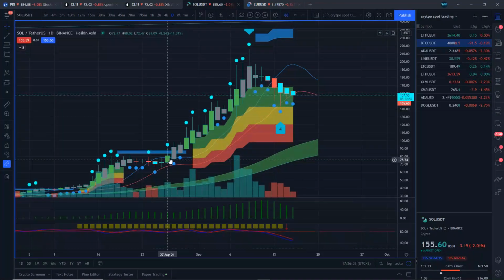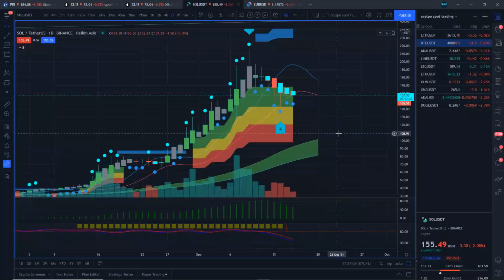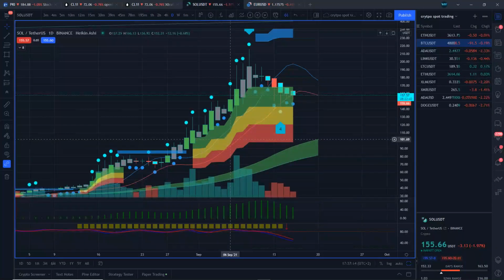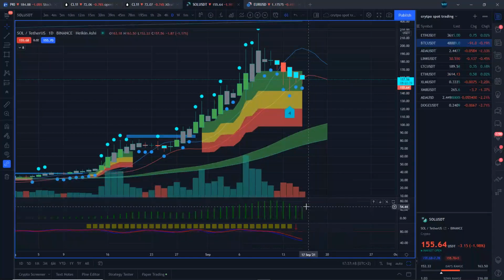You can see that wave 3 is higher than average volume, big impulse move up. This profit taking is slow, orderly, lower than average volume, and we would look to come and test this sort of 140 level, maybe even down into this 120 level here. We've just got to be patient and wait for this to happen. So that's where we are right now with Solana.